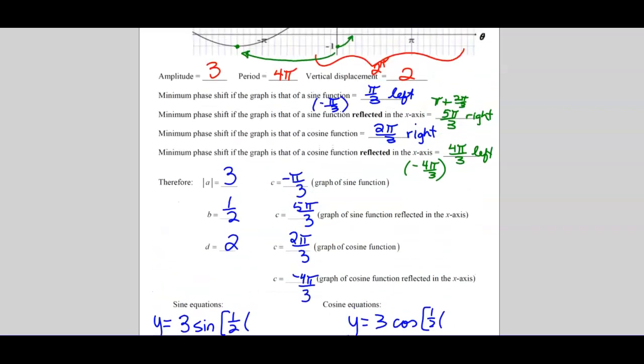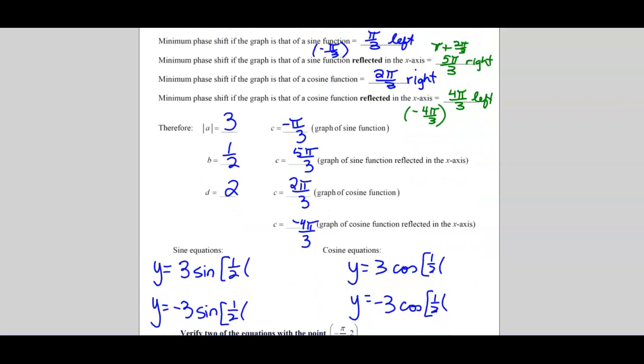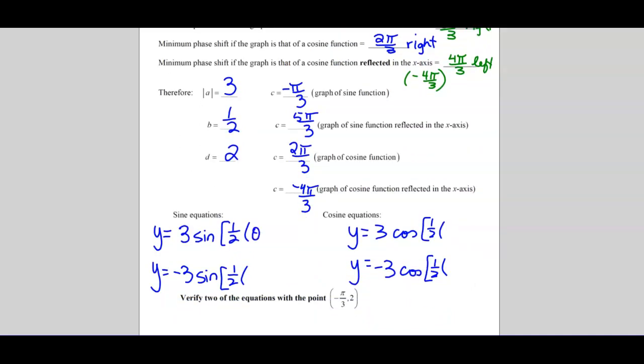We're dealing with x's here. Oh, no, look at this. We made a mistake there. We call that the x-axis and it's theta. That's bad. So we'll use theta. And then that's going to be to the left, so plus.